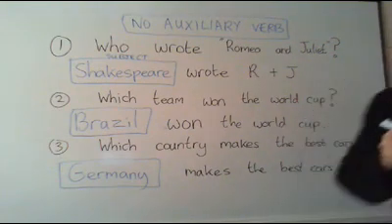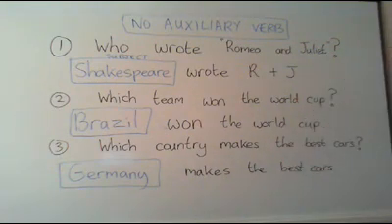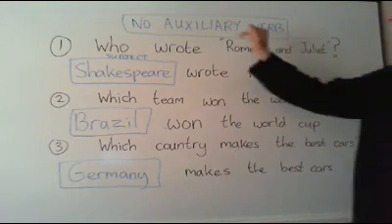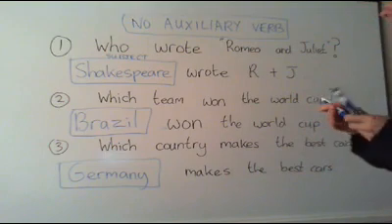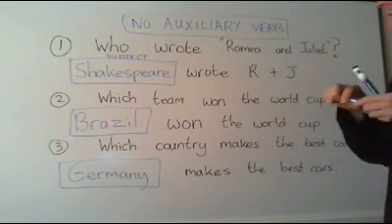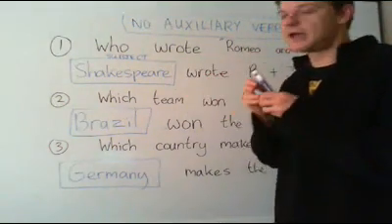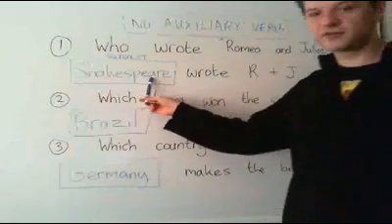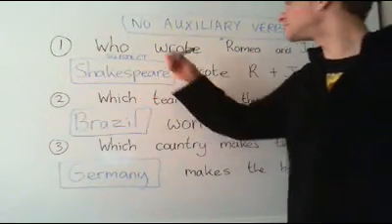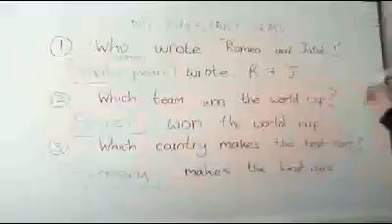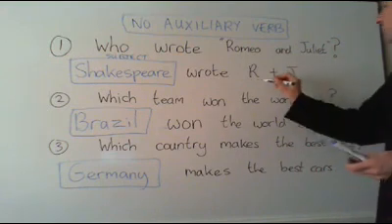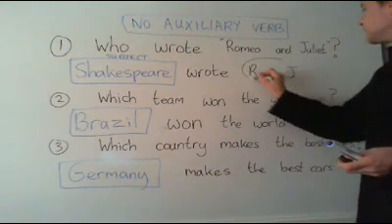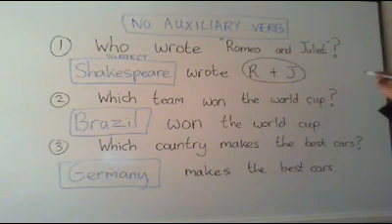So if you want to choose whether you need an auxiliary verb or you don't need an auxiliary verb, an easy way to do it is to answer the question and decide, does the first word of the answer answer your question, or does the last word? For example, just to show you again with an auxiliary, if the answer is Romeo and Juliet, well then we need an auxiliary.